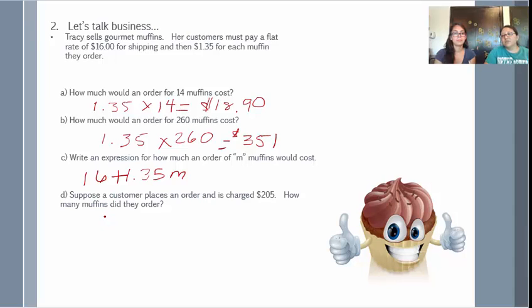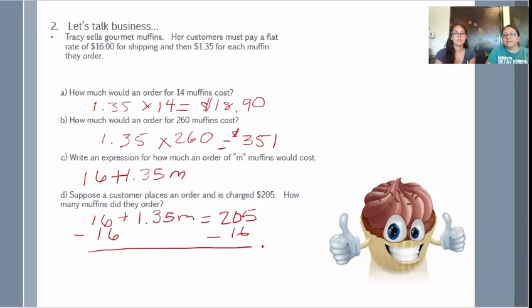And then suppose the customer places an order and is charged $205. How many muffins did they order? So pretty much we have the 16 fixed rate plus $1.35 per muffin. And then that would be equal to 205. And then we can just solve. So if we solve this, we have minus 16 on both sides. $1.35 M equals, so 205 take away 16, we have 189.